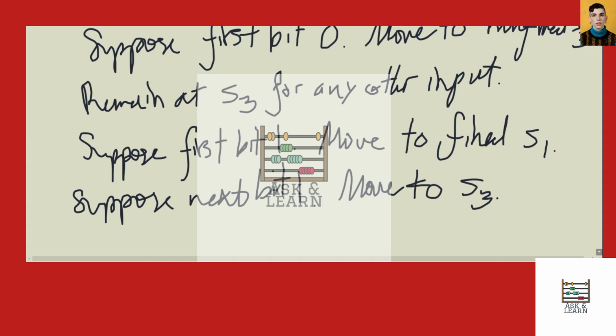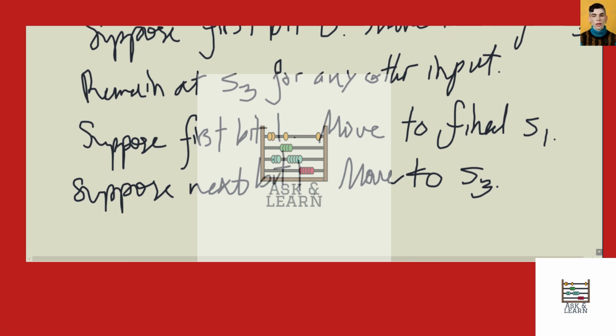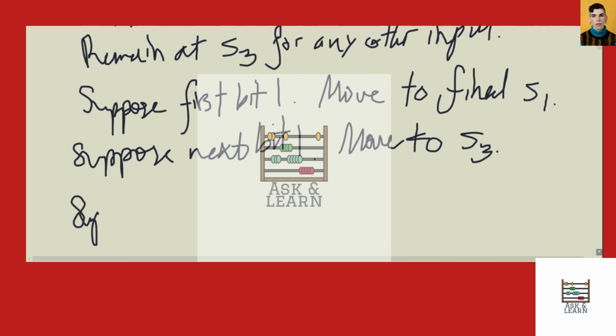Now on the other hand, suppose that the second input is a 0. Then the string 1, 0 should not be recognized, so we should move to a non-final state.